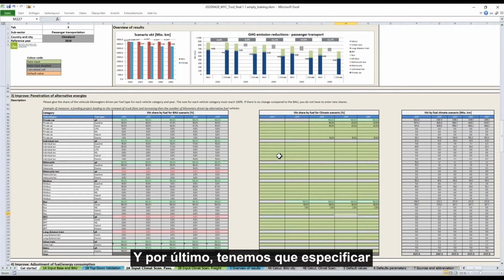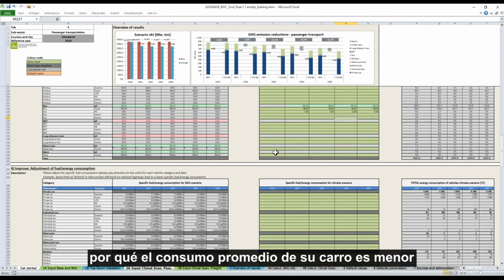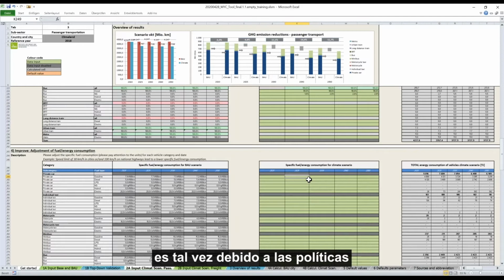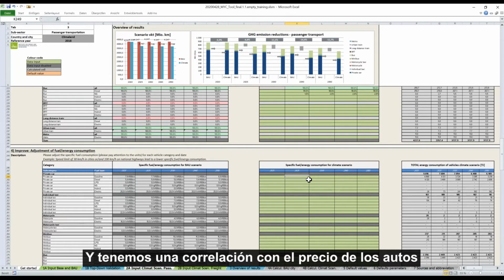And finally, we have the specific fuel energy consumption, where on average your car is consuming less. It may be because of a policy which gives a price to the CO2, and you have a correlation with the price of cars, for example.